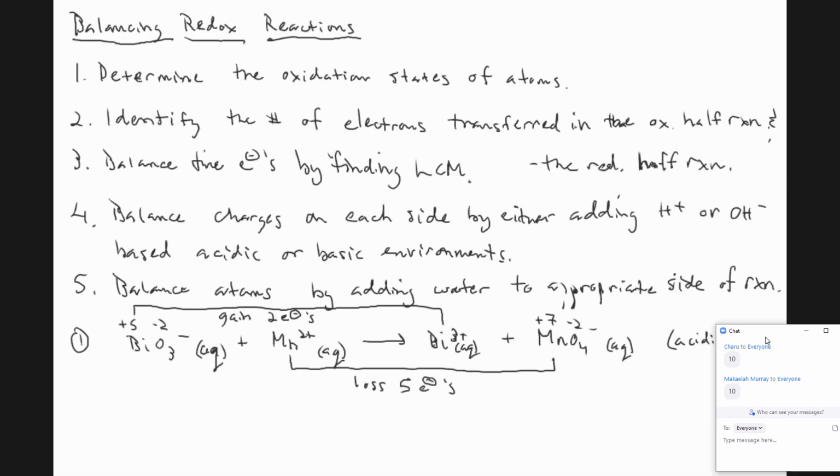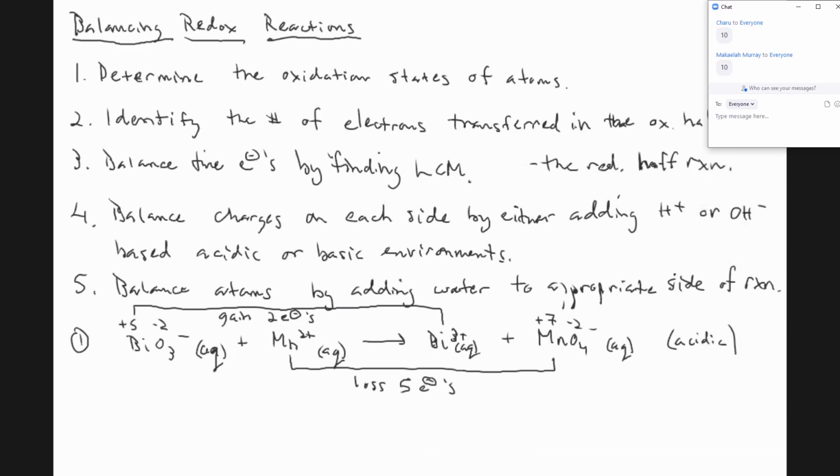Which means we're going to have to multiply all the manganese terms, or the elements that have manganese in them, by a factor of 2 to get 10. And we need to multiply the things that have bismuth in them by a factor of 5 to get 10 electrons transferred. We're good here? Step 3, totally fine.